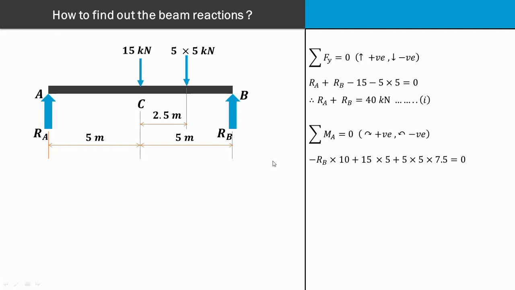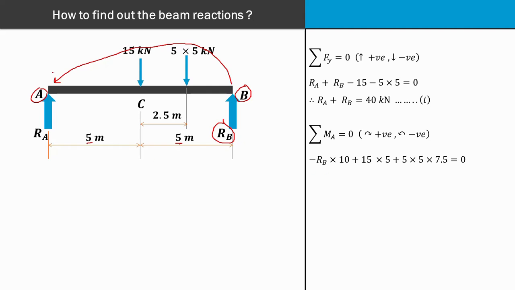Now we'll take moment about point A. You can take moment about any of these particular supports. So this particular reaction RB will produce anti-clockwise moment about point A, and the distance between B up to A is 5 plus 5, that is 10 meter.